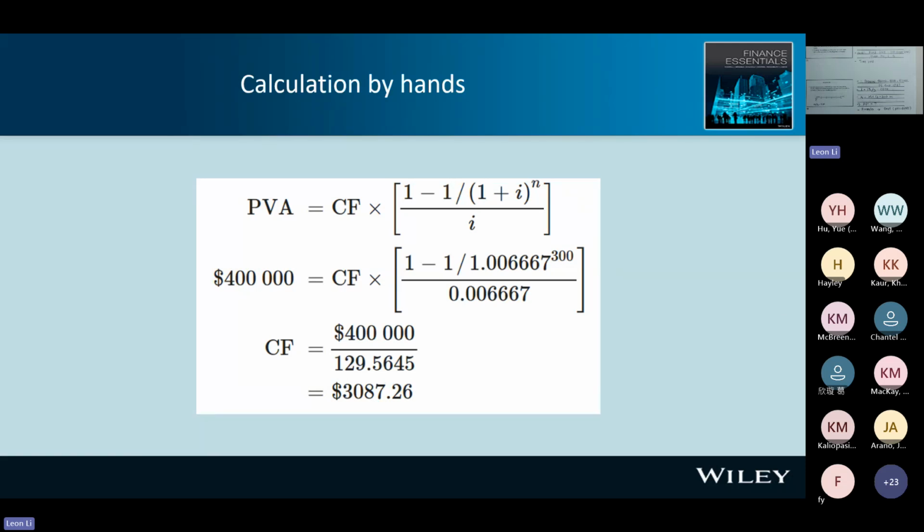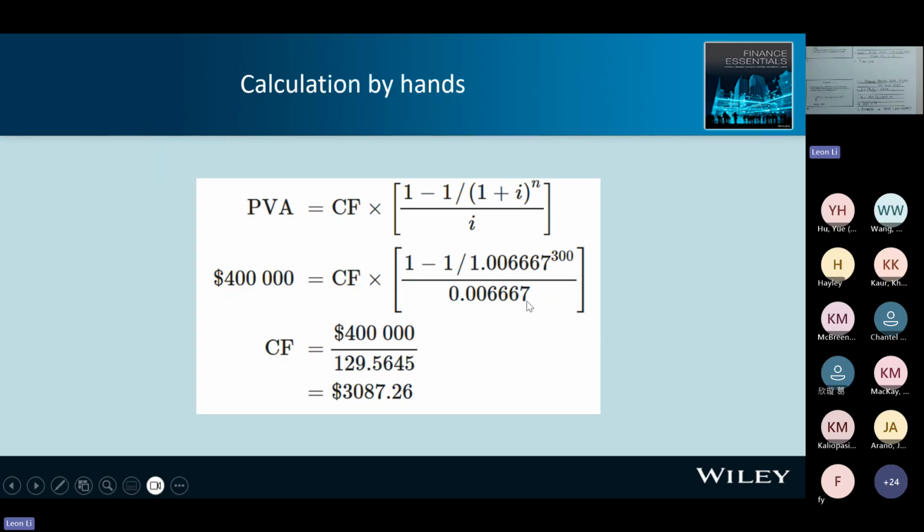You can see this is our annuity formula. We just enter the input variables: $400,000 PV, the cash flow is the unknown variable, I is here, number of periods 300.